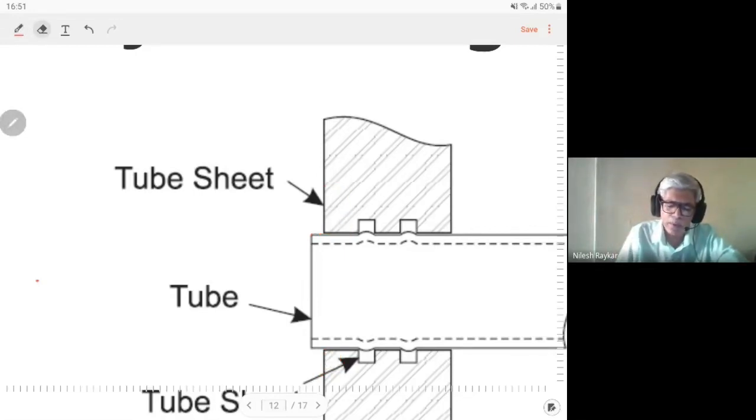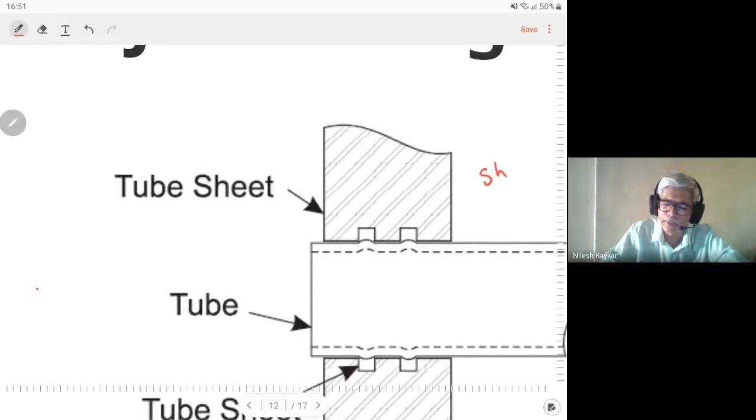In all these joints, up to the strength weld, there is a shell side fluid present here, under some pressure. This fluid enters into this narrow groove, which cannot be completely closed in the case of mechanically expanded or other joints. Through this groove the fluid enters the joint and gets arrested by either the seal weld or the mechanical expansion.